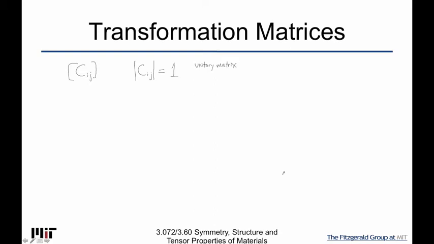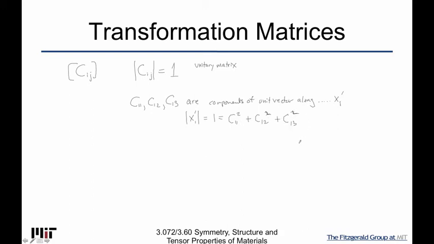Another interesting property is that C11, C12, C13, for example, are components of a unit vector along x1 prime in this particular example. So if you think about the magnitude of x1 prime, it's equal to 1. And of course, when you're doing the magnitude, it's C11 squared plus C12 squared plus C13 squared.